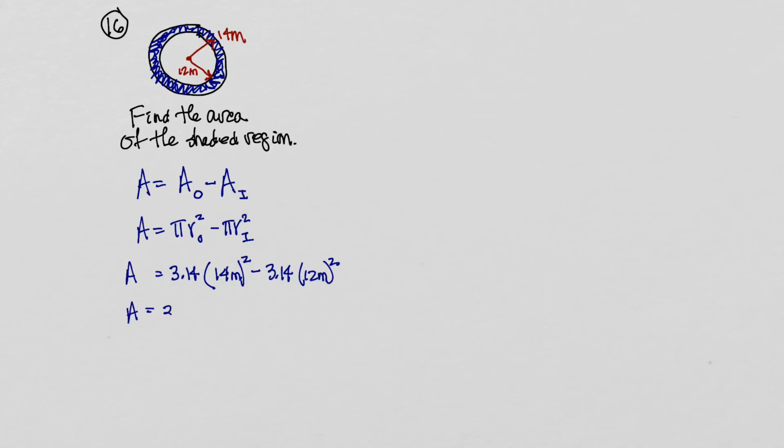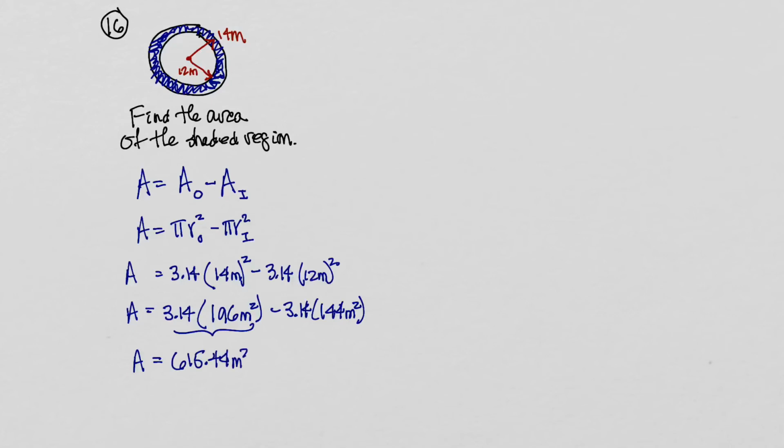Well, this is going to give us 3.14 times, now 14 times 14 is 196 square meters, minus 3.14 times 144 square meters.